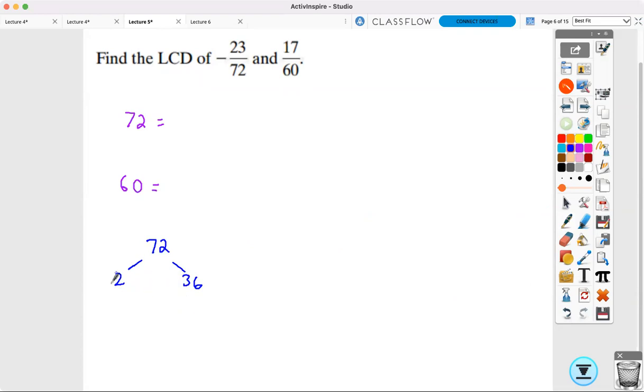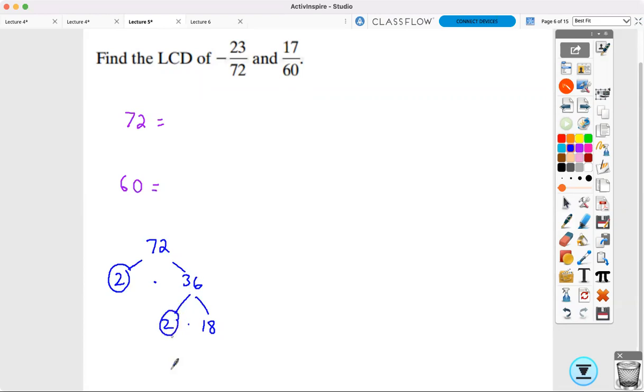Okay. So since 2 is a prime, guys, we're gonna circle the 2 because it's a prime. Because remember, 2 times 36 is 72, right? But guess what? 36 can be broken down by another prime. It can be broken down by 2. It could be 2 times 18 to give me 36.